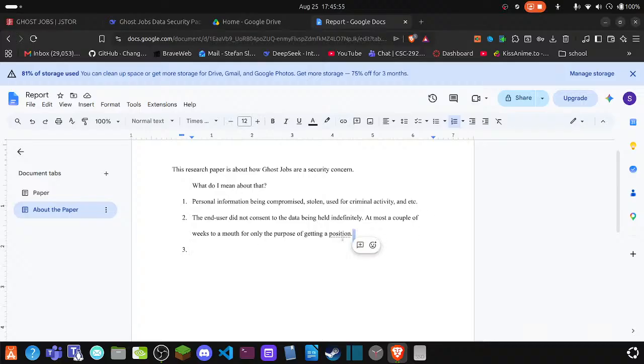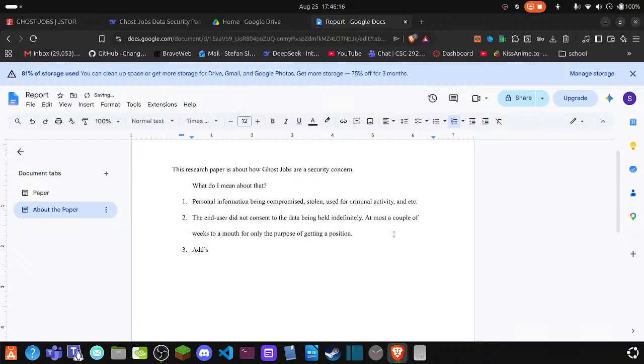The reason I put this one here is because there are companies out there that just hold your data indefinitely for data mining. That's another good thing.